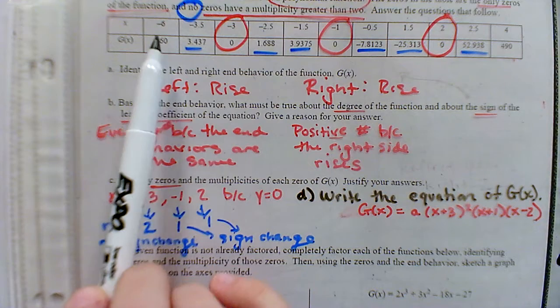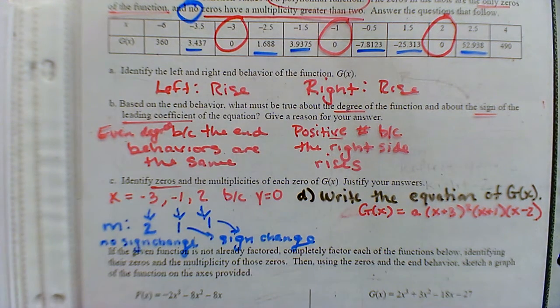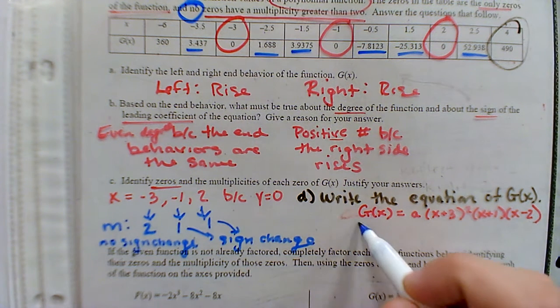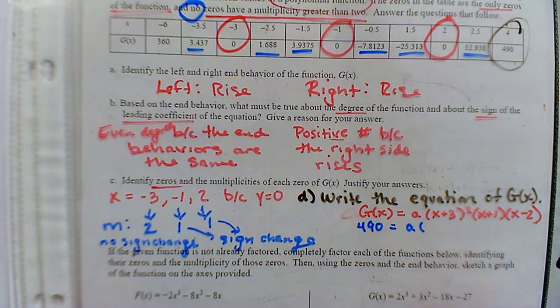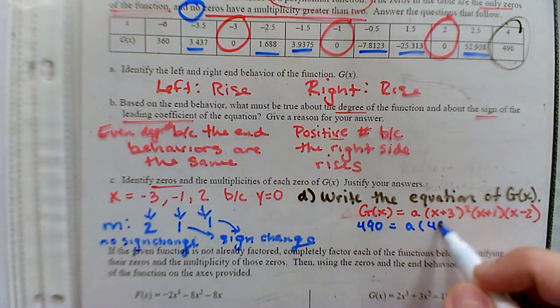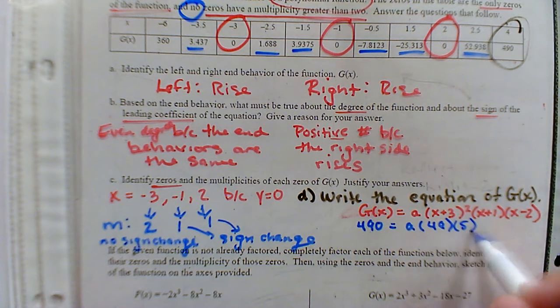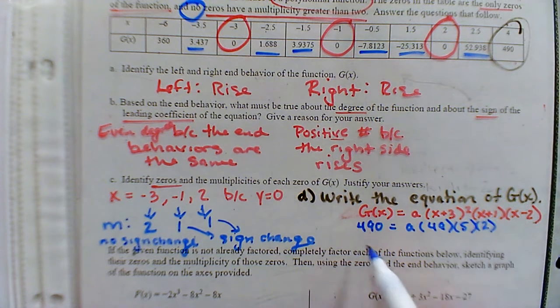All right, so which one do we feel like using? Do we want to use the -6, 360? You want to use the 4? That's fine. So we'll go ahead and plug in 4 for all the x's, and then the 490 in for y. Alright, so 4 plus 3 is 7. 7 squared, we got 49. 4 plus 1 is 5. 4 minus 2 is 2.